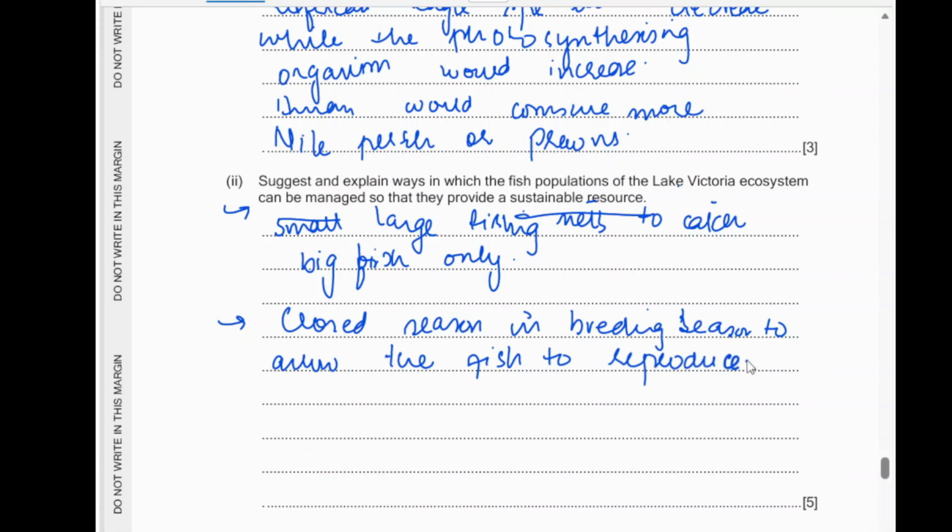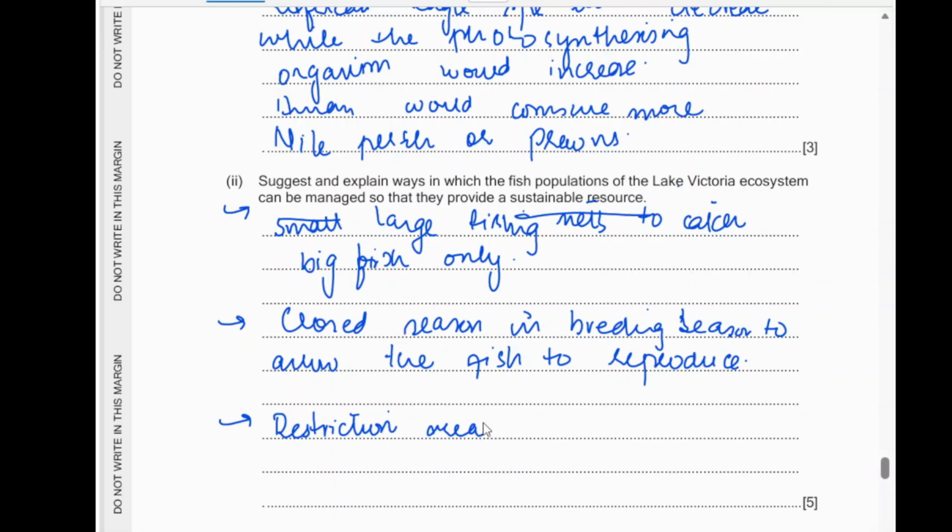Okay, what can be the other way? Okay, that is not appropriate. What could be restricted? Areas like the lakes which have the lesser population should be banned from fishing.